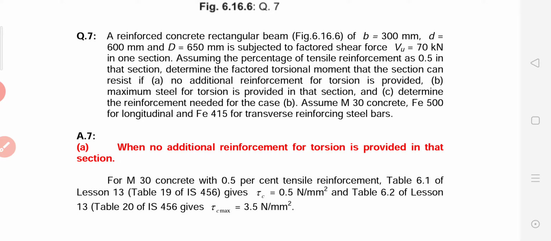In table number 19, all the values are for tau c, and table number 20 is for tau c maximum.